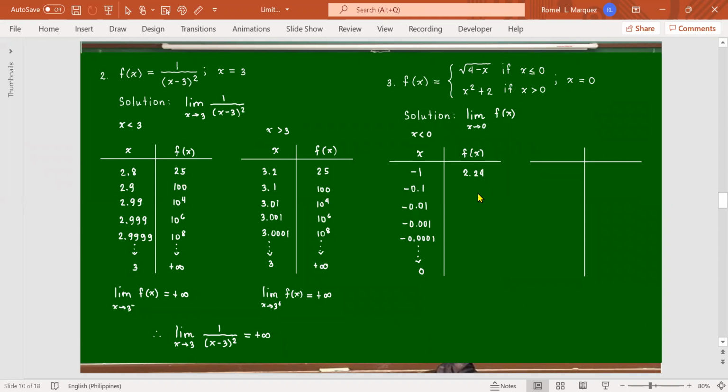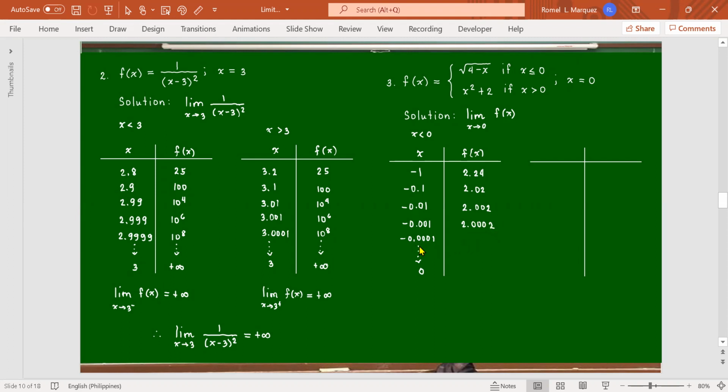So 2.24 approximately. Then we have 2.02 when x is -0.1. When x is -0.01, we have 2.002. And then when x is negative 0.001, we have 2.0002.